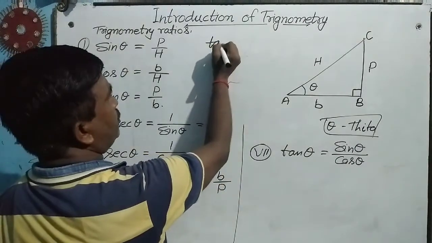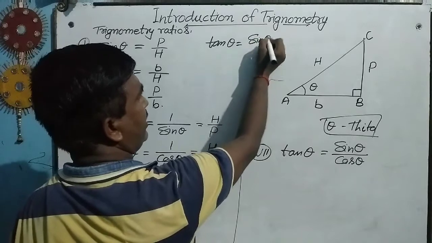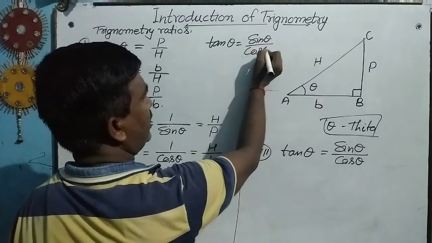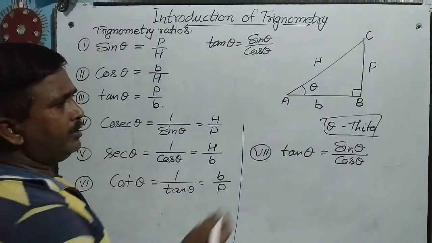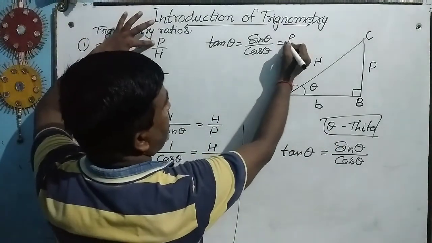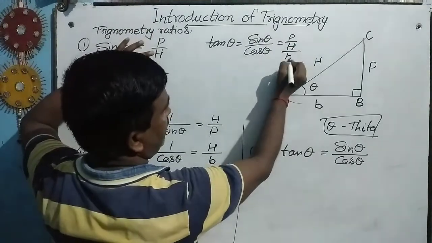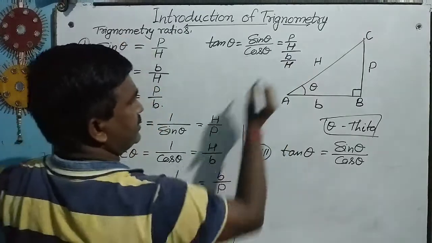Sin theta is P upon H, and cos theta is base upon hypotenuse.